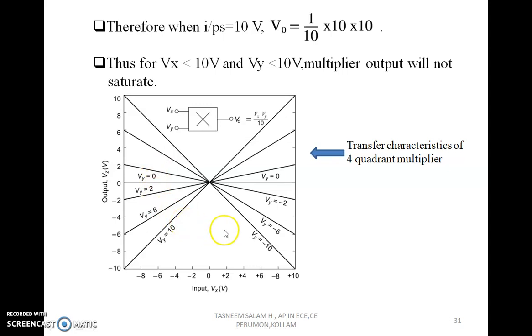Let's see an example. For input Vx at plus 6 and when Vy is equal to minus 10, V0 is equal to 1 by 10 into 10 into minus 10 into 6. That is minus 6. We can see here that is the output voltage.